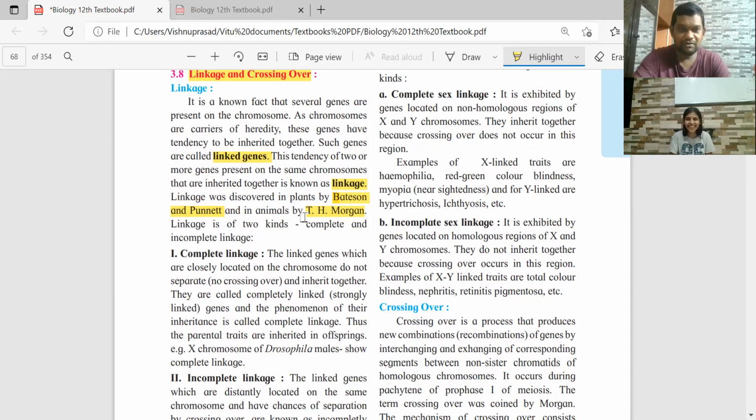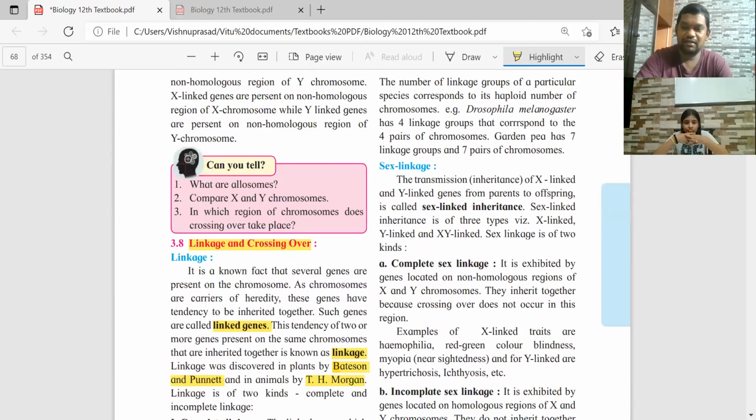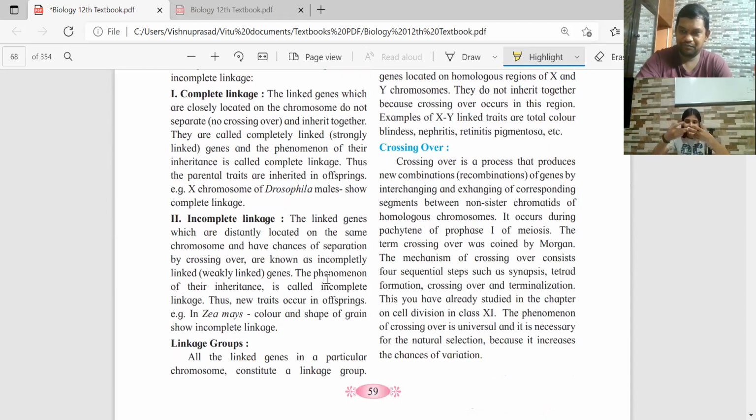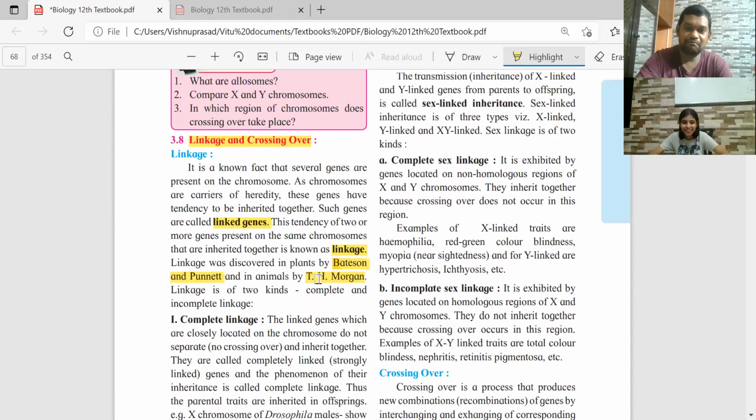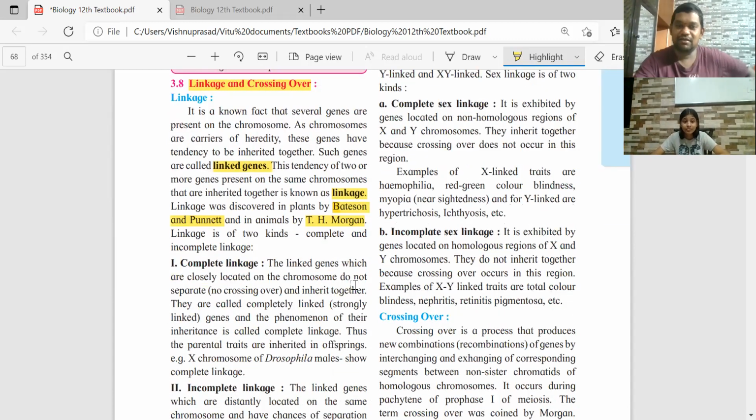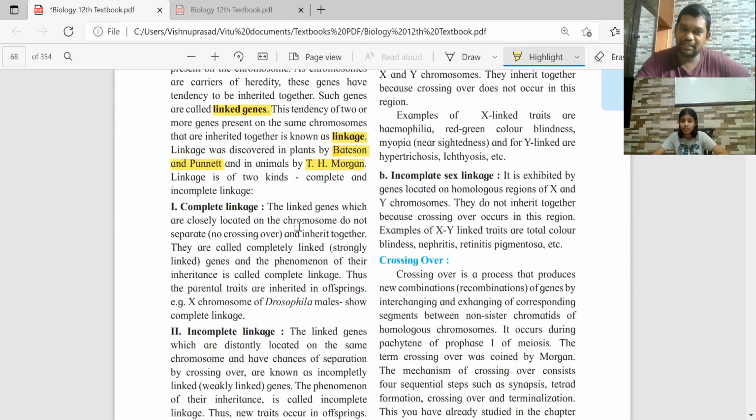When you talk about linkage, it is of two types: complete linkage and incomplete linkage. अभी complete linkage का मतलब क्या है कि they are very closely located on the chromosome, and they don't separate. अच्छा ऐसा समझ लें, complete linkage means best friends.